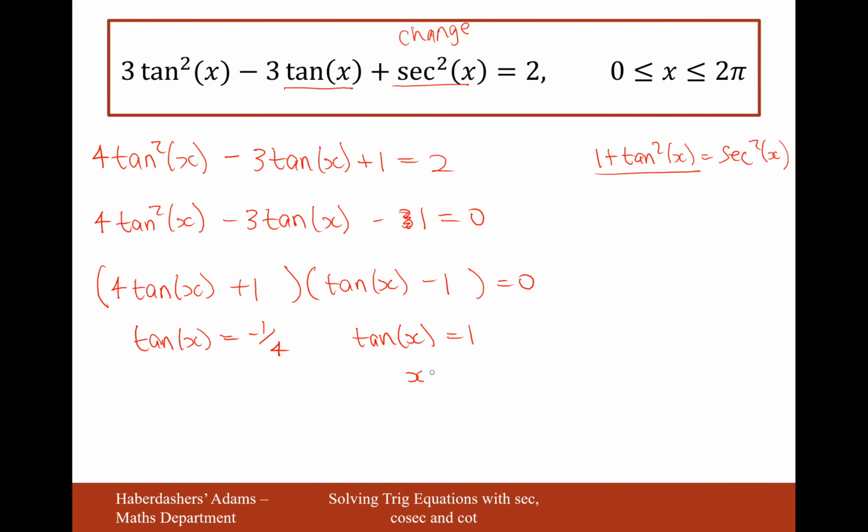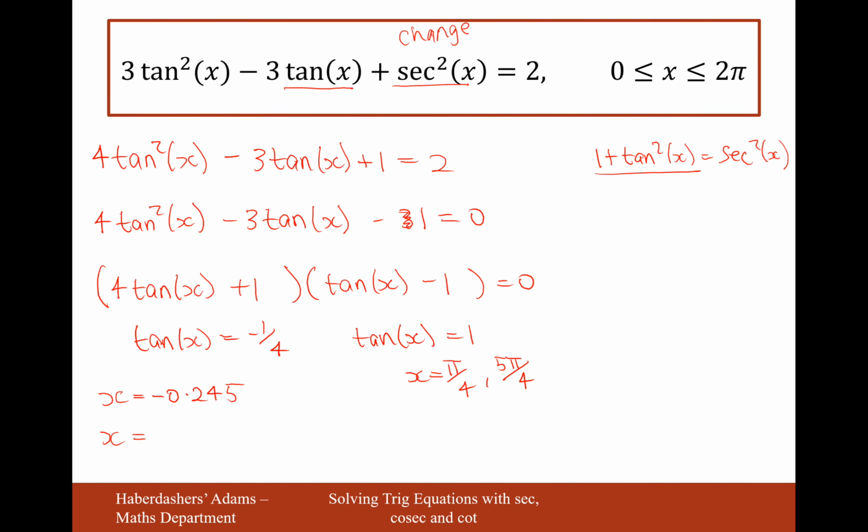That one's an easy one. That's going to be pi by 4, or add on another pi, 5 pi by 4. For this one here, we'll need to use a calculator and make sure we're in radians mode, and we are still. Tan inverse of minus 0.25, or minus a quarter. And we get first solution of minus 0.245, but that's not going to be a final solution because it's outside of the domain.